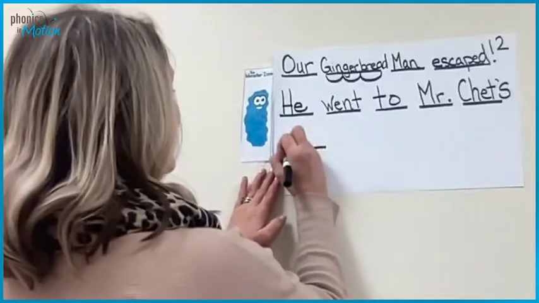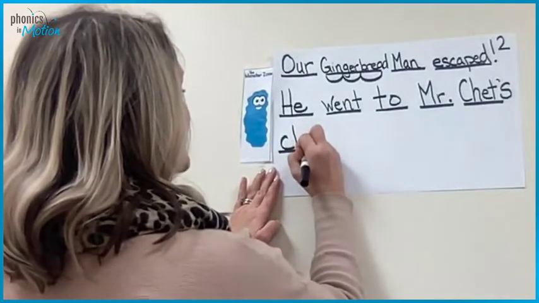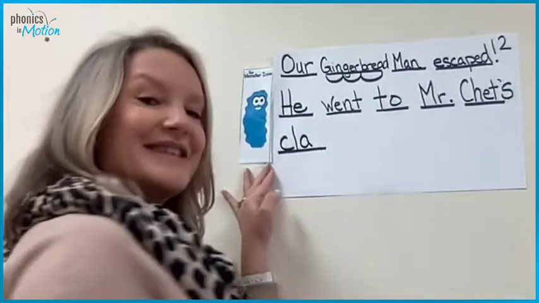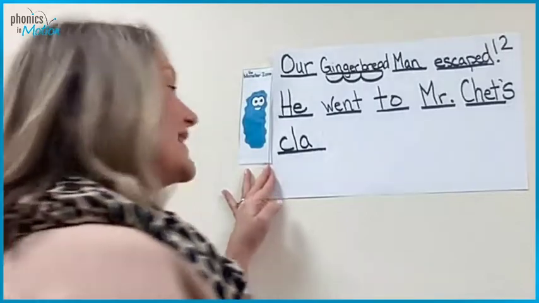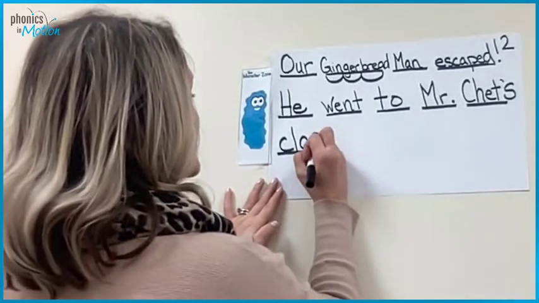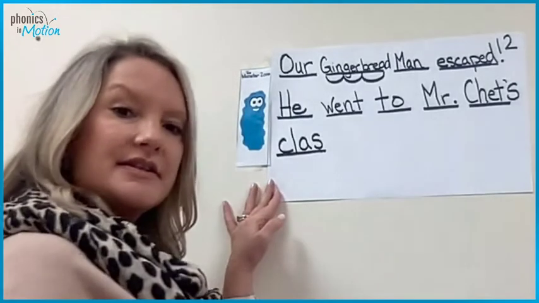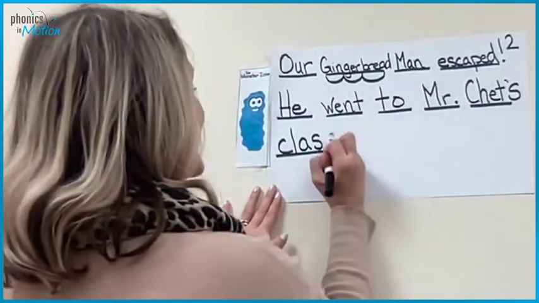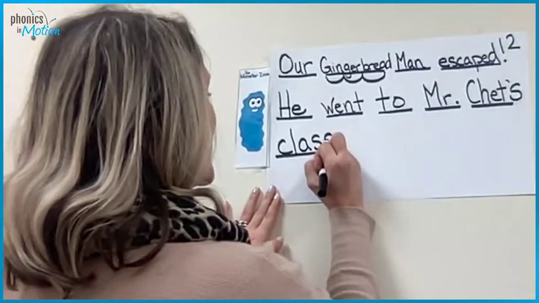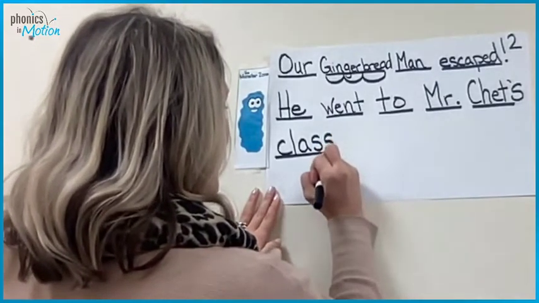See if you can hear it. Cool. He went to Mr. Chet's class. There's that S is so silly again. S goes towards the monster, comes away, and goes right back. And there's a double S at the end. S goes towards the monster, comes away, and goes right back.